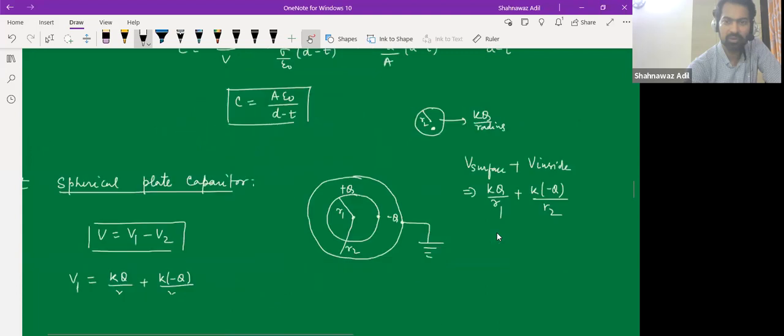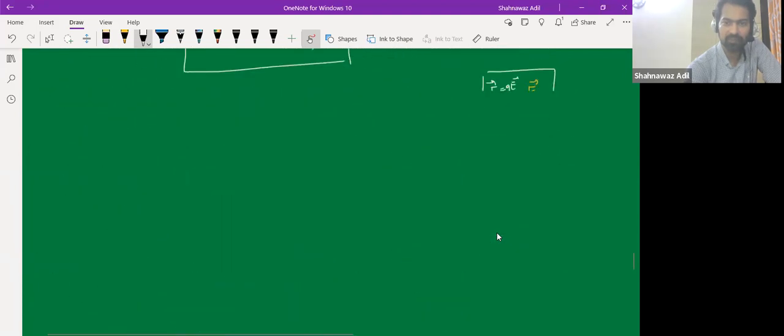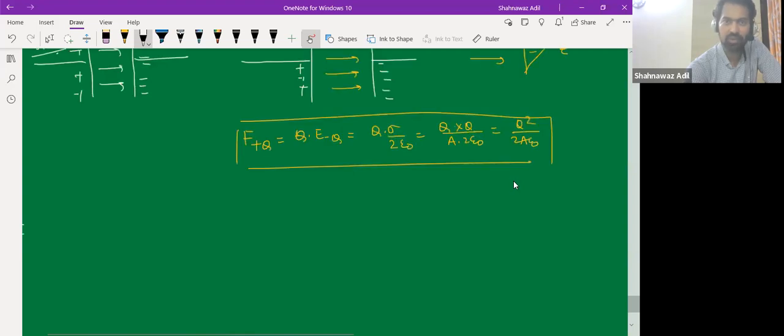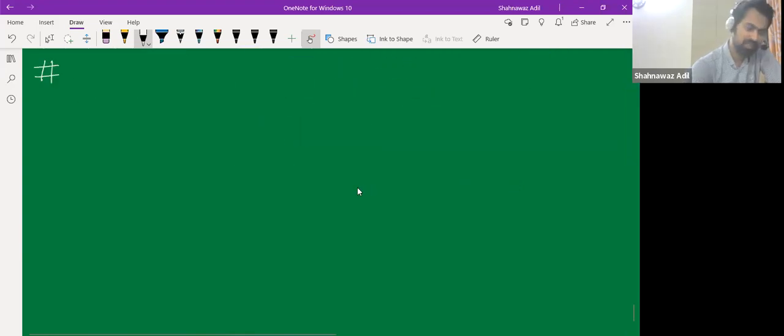Okay, so the next topic is the energy of the capacitor.